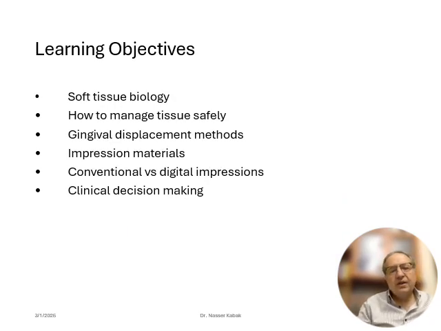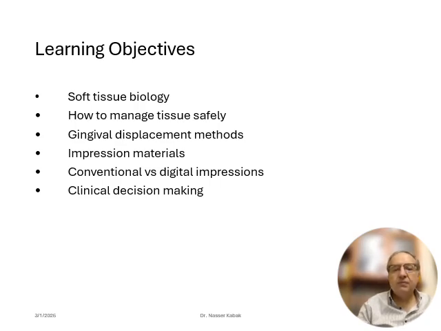The learning objectives for this lecture: after finishing it, the student should be able to tell the difference between the different structures in soft tissue biology and how to manage the tissue safely. What are the methods for gingival displacement?